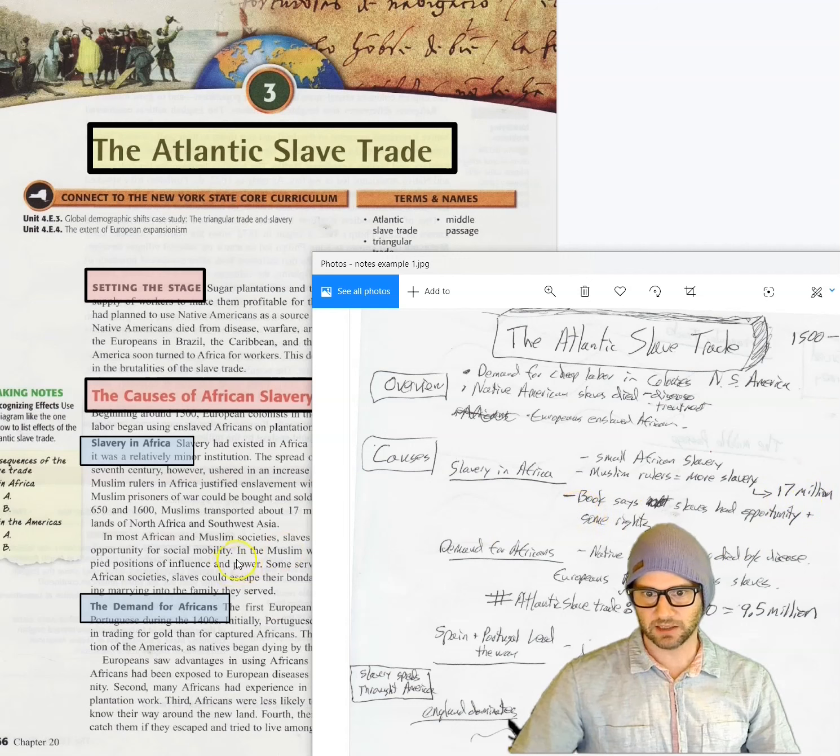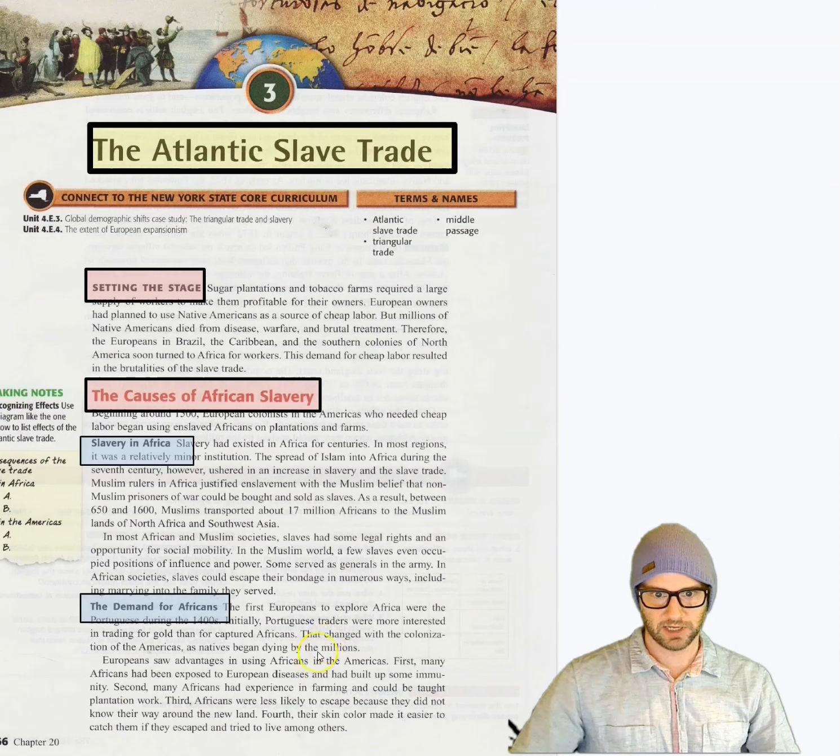And then that second paragraph, the book says that the slaves had opportunity and some rights. Now I do want to editorialize really quickly right here. It's very difficult to say facts of history without giving some sort of unintended interpretation, okay? So this paragraph right here, in my mind, I get what they're trying to say.